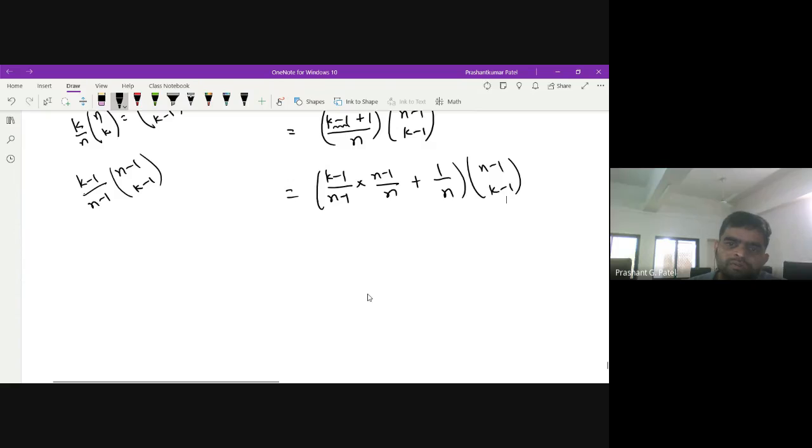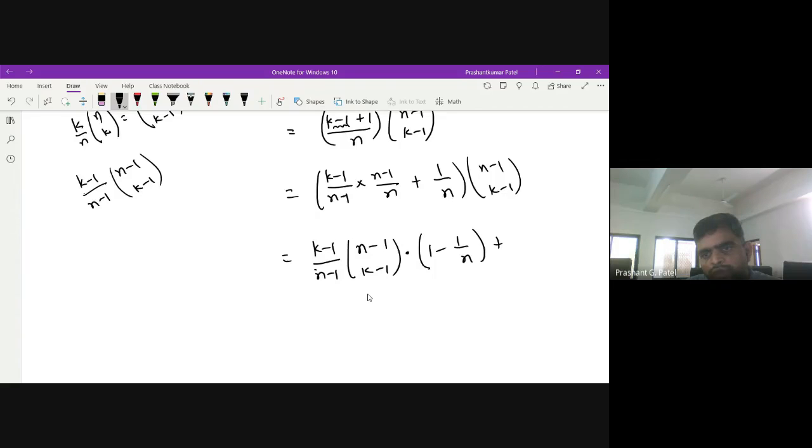Now if you multiply these two brackets, we have k minus 1 upon n minus 1 times n minus 1 C k minus 1, into n minus 1 upon n, which is 1 minus 1 by n, plus 1 by n into n minus 1 C k minus 1.